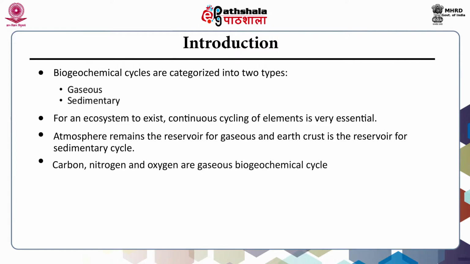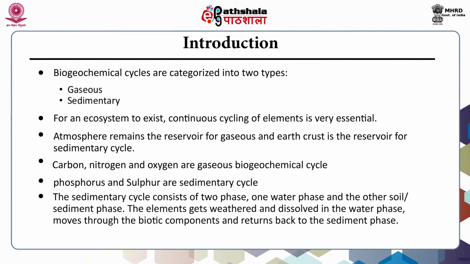Now, carbon, nitrogen and oxygen are examples of the gaseous biogeochemical cycles, and phosphorus and sulfur are examples of a sedimentary cycle. Now, a sedimentary cycle generally consists of two phases. One would be a water phase and the other would be a soil or sediment phase. The elements that get weathered will be dissolved in the water phase and they will move into the biotic components and will again return back into the sediment phase.